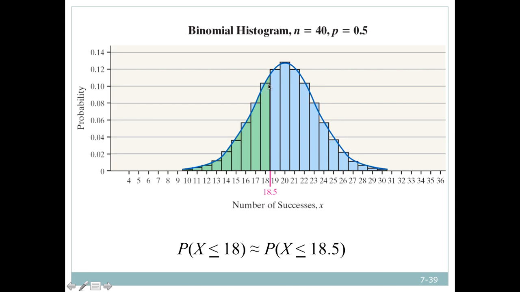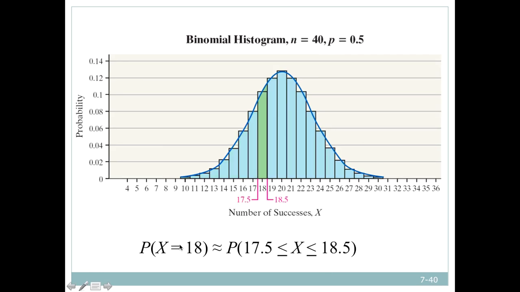So in order to make up for that, I add 0.5, that's my correction for continuity, to the value I'm trying to find. So finding the probability that x is less than or equal to 18 is approximately equivalent to finding the probability that x is less than or equal to 18.5 on our normal distribution.